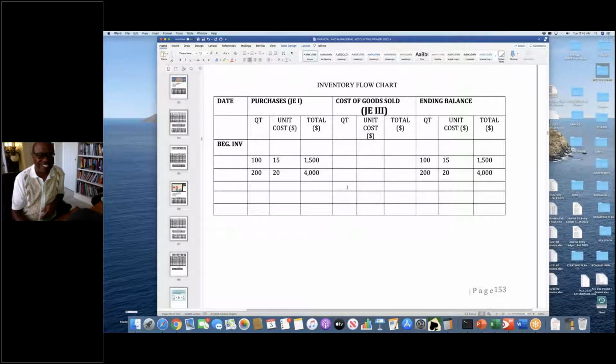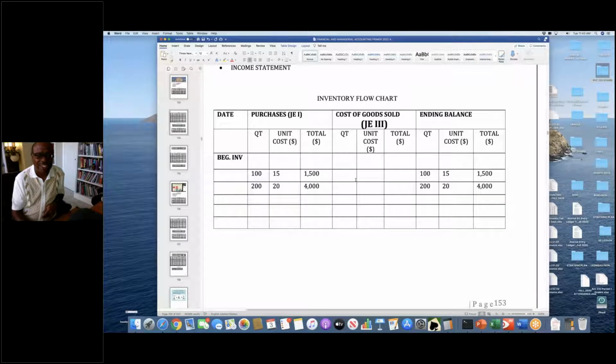So in this inventory flow chart, you had the purchases: 100 at 15 is 1,500. Why did you put the same thing as an ending balance? Because once we check them in, they're available for sale and they're in the ending balance. Ending balance means they're available for sale. Originally you purchased this, and now you purchase this and you have this in here also.